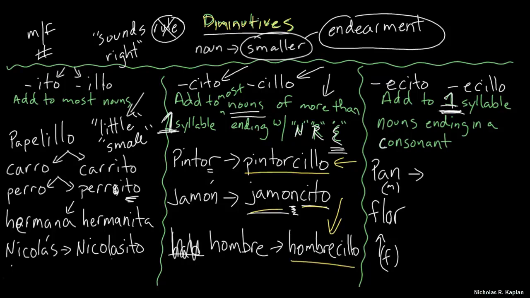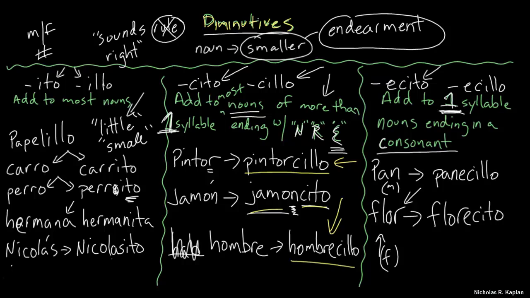And so can you just pass me a little piece of bread? One syllable. Ends in a consonant. Panecillo. So maybe this time we'll add this. Florecito. But remember, it's feminine. Florecita. Literally means small flower.